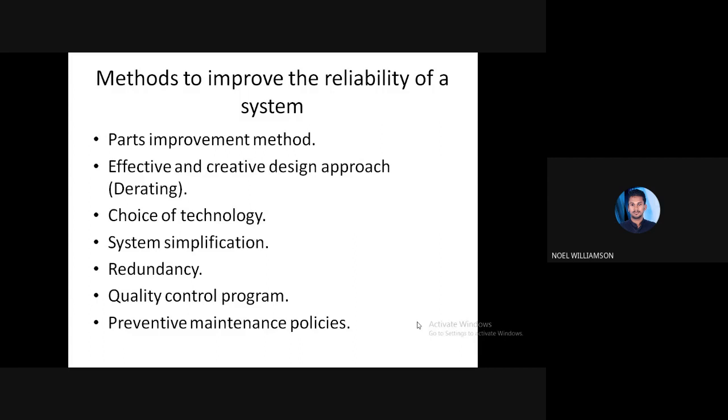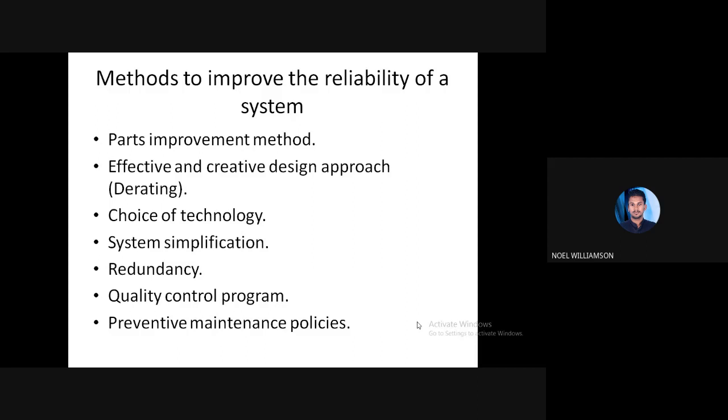This helps in the case of any power failure from the KSEB, and then we can make use of the generator. Likewise, we can increase the reliability. That is regarding redundancy.